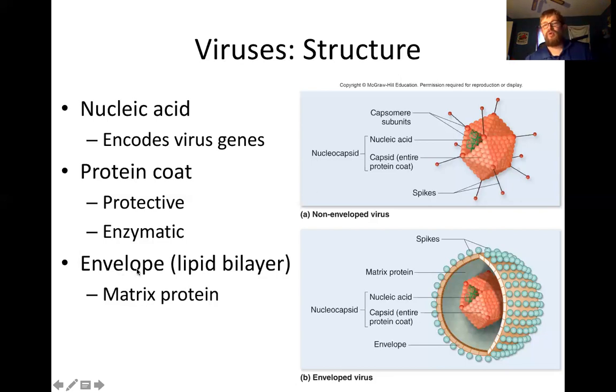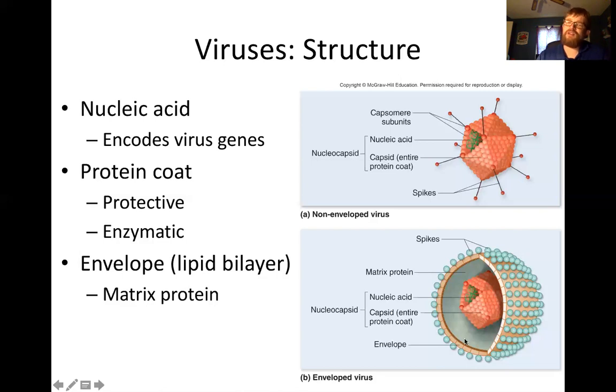Enveloped is really cool because it still has that capsid that surrounds the nucleic acid. But then we also see this envelope that contains proteins. It also will contain a lot of times phospholipids from a host cell along with its spikes, right?